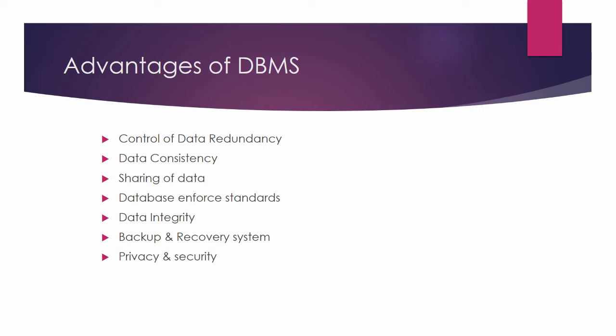As in DBMS, data is stored in a single database, so data becomes more consistent in comparison to file processing system. Also, updated values are available to all the users immediately.